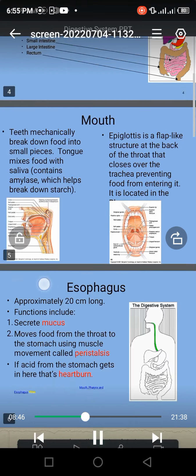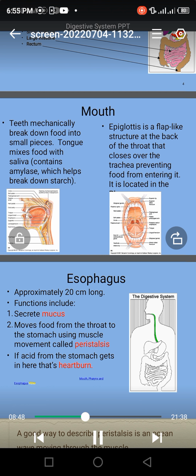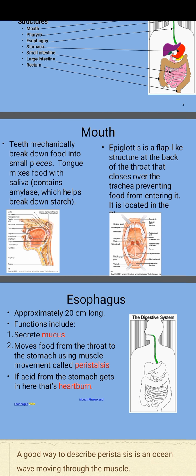Now, the amylase enzyme is used for the breaking of starch. But the protease enzyme is used for the digestion of proteins, and furthermore, there are also some other enzymes involved.